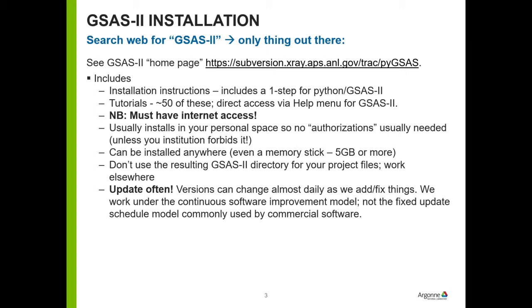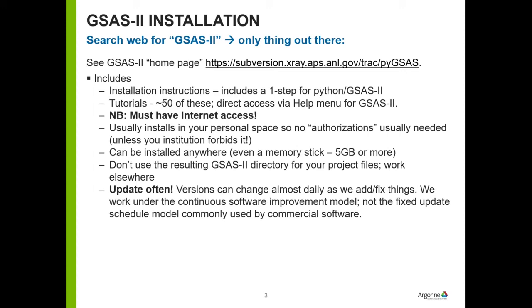One important point is don't use that directory for your workspace. Do your working directories somewhere else, not in the GSAS-II directory. And the reason is because GSAS-II updates, or you can get it updated, and if you put something of yours in that space, it might get overwritten. You never know.